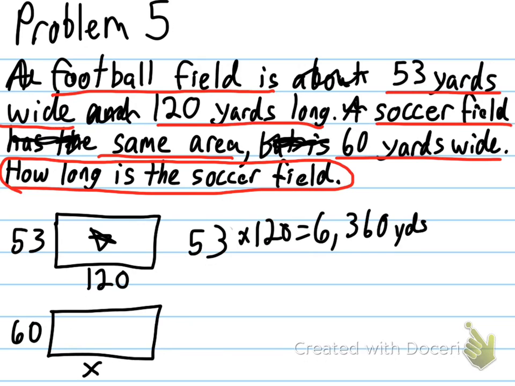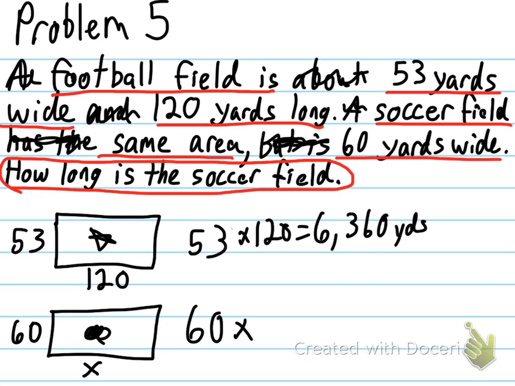So that's the area. Well, if we know they have the same area, that means we can set them equal to each other. So let's look and see the area of the soccer field. Well, we know it's going to be 60 times x, which we can just call 60x.